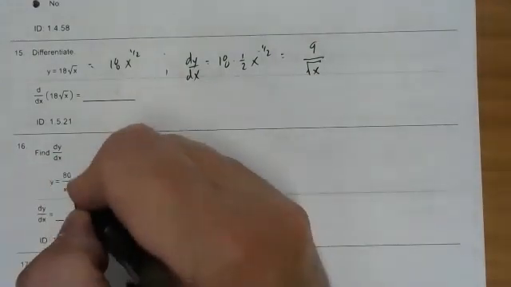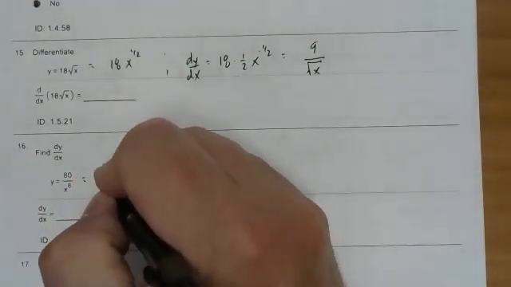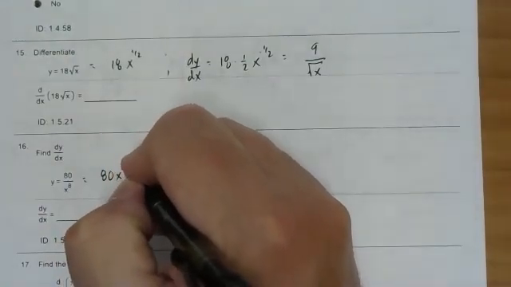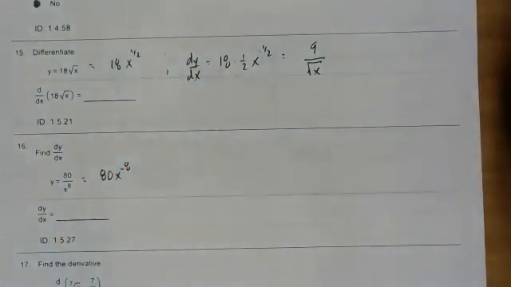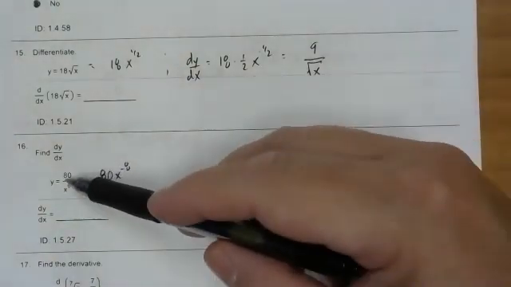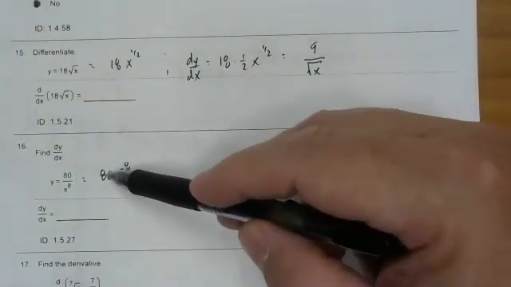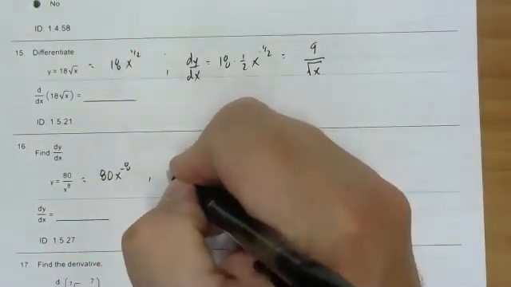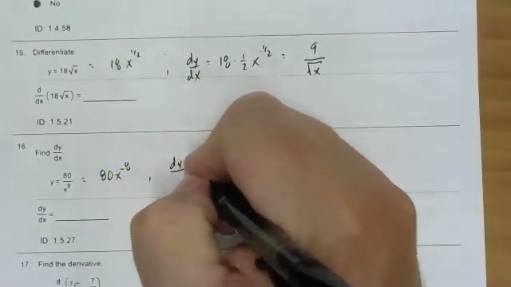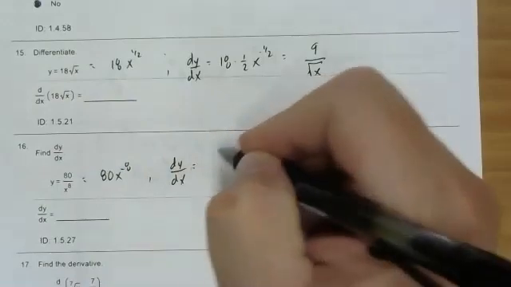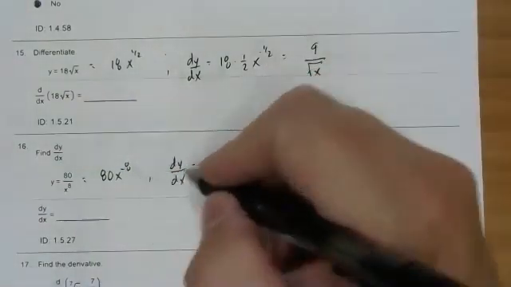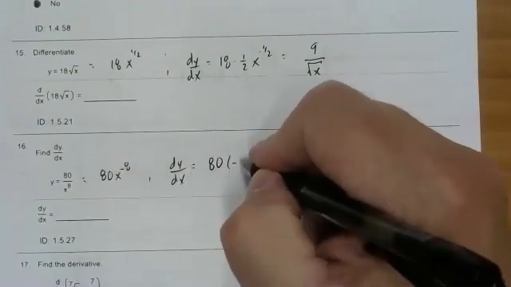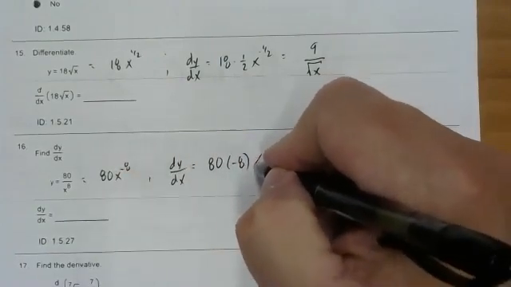Pretty straightforward here. First step is, if we want to use the power rule, we have to get the variable up in the numerator, up in the top. So 80 over x to the 8th becomes 80 times x to the minus 8th. So now I want to take the derivative. 80 is a coefficient, so you bring the minus 8 down front.